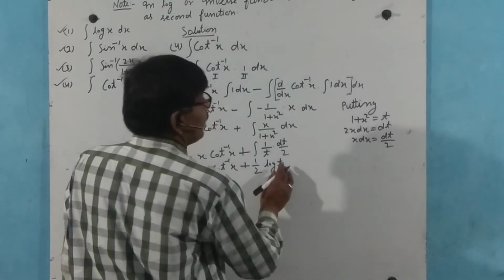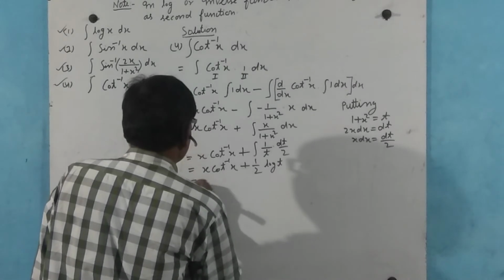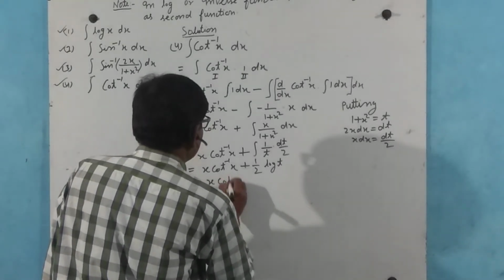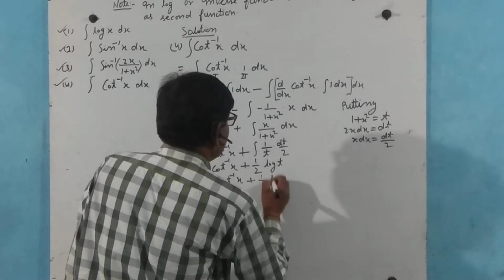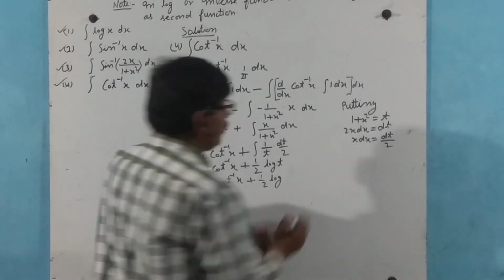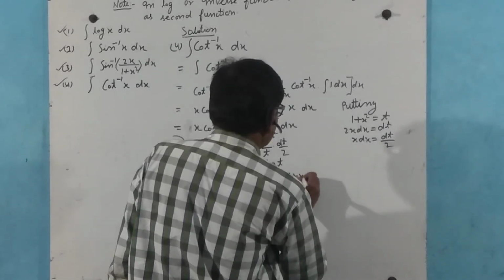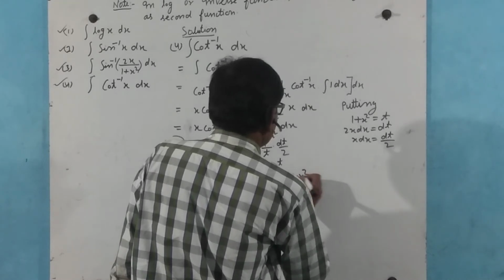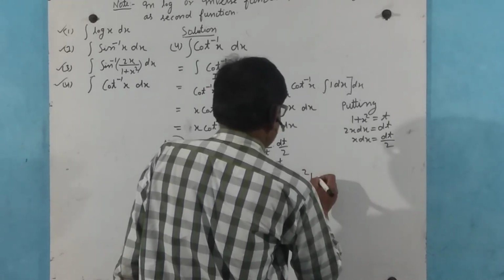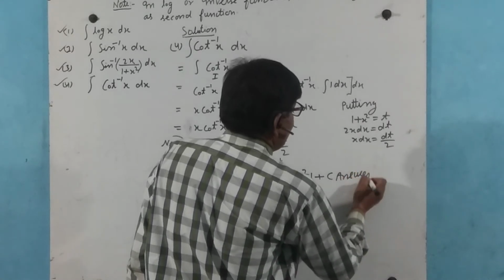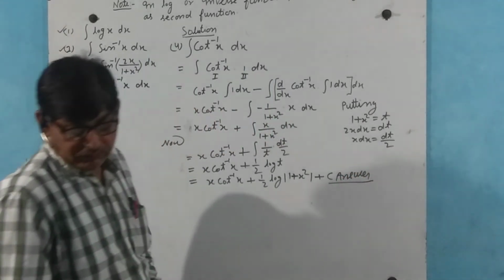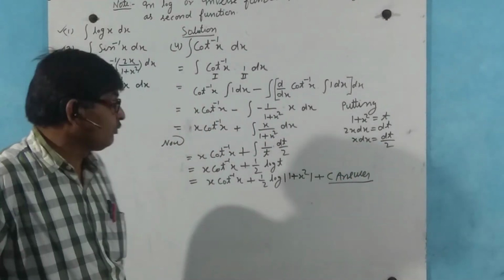So putting the value of t here, x cot inverse x plus 1 by 2 log of (1 plus x²) plus integrating constant c. This is our result in this case.